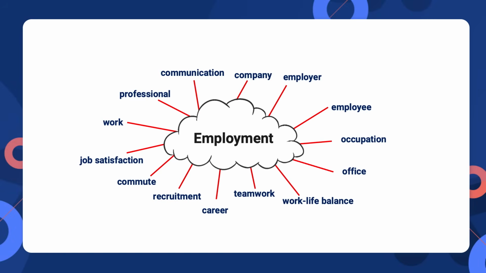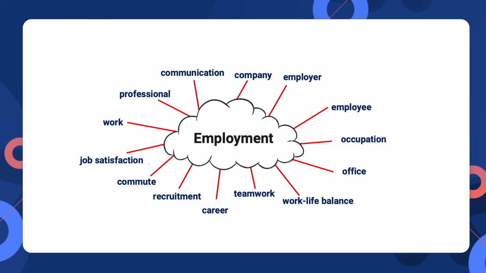Here are some of them. I'll read through the vocabulary that I came up with. Communication, company, employer, employee, occupation, office, work-life balance, teamwork, career, recruitment, commute, job satisfaction, work, and professional.